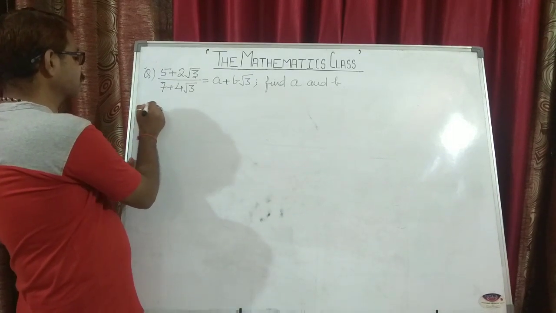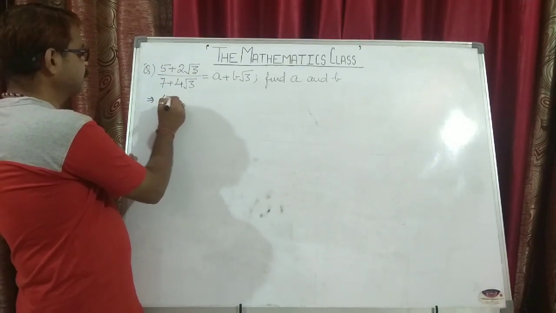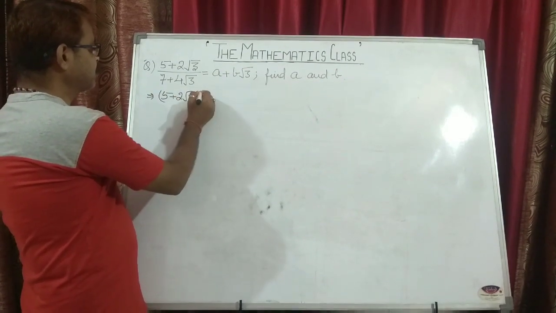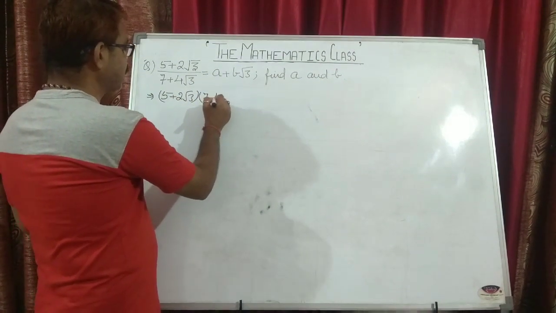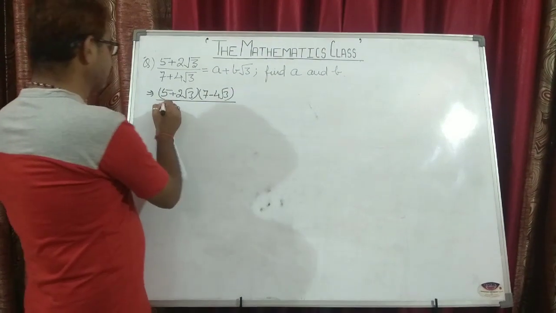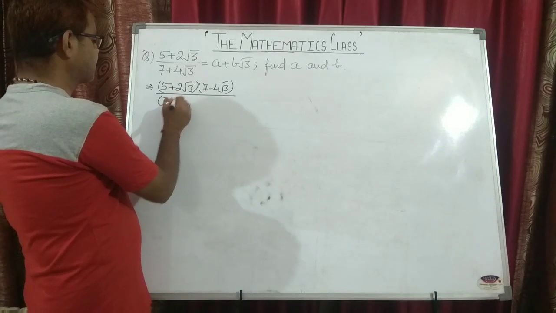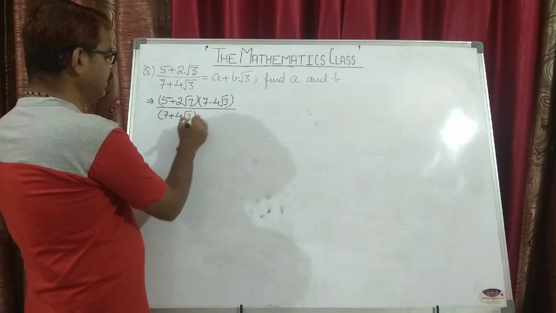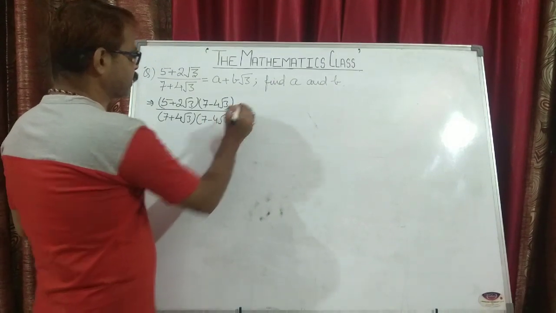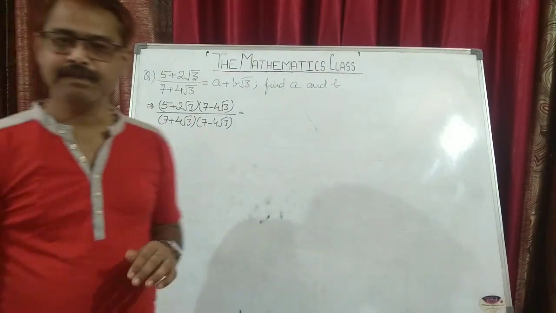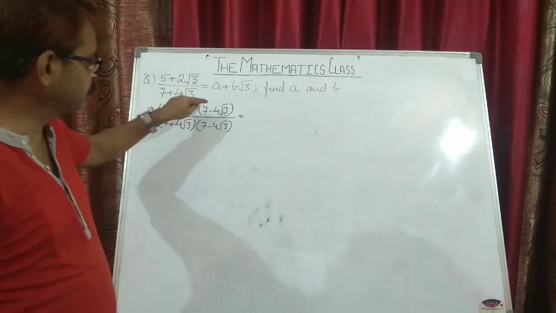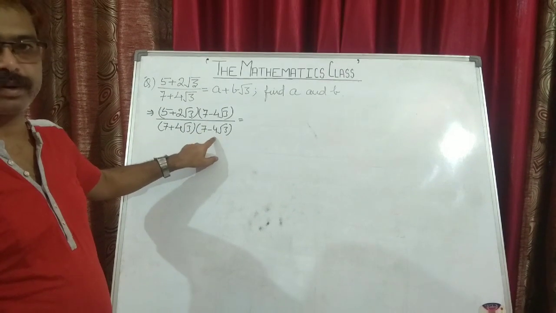So my solution will be 5 plus 2 root 3 into 7 minus 4 root 3 upon 7 plus 4 root 3 into 7 minus 4 root 3. What have I done? I have multiplied with the rationalizing factor both in numerator and denominator.